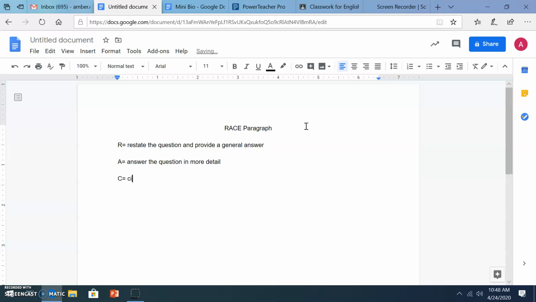The third step is C, which we all know stands for cite evidence to support the claim or answer. I have claimed that this specific part of Tom Sawyer is a piece of imagery. Now I have to prove that it's a piece of imagery by quoting that piece of evidence.